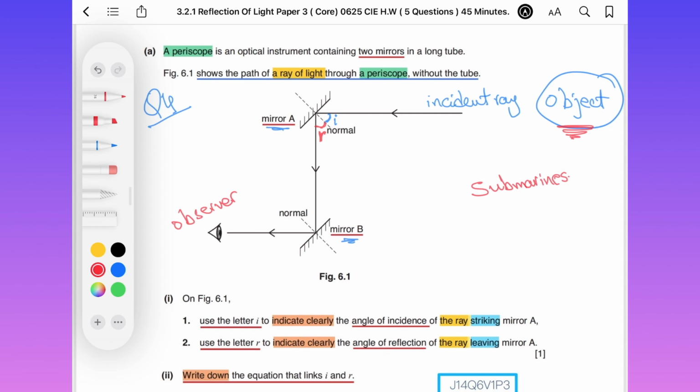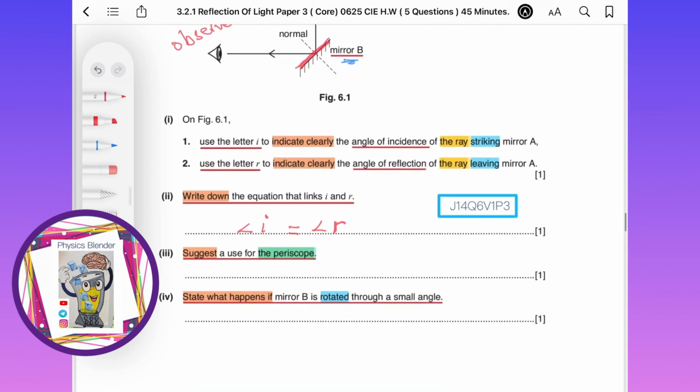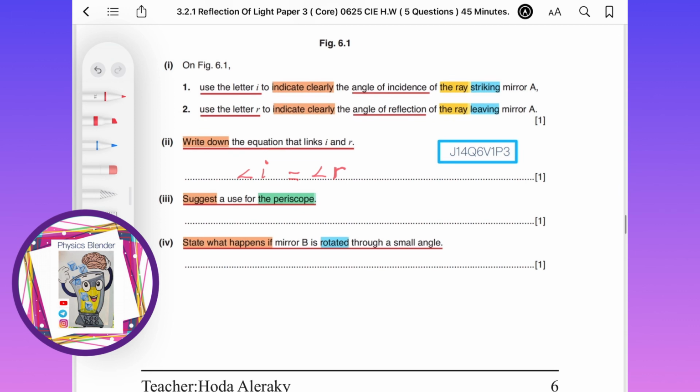The observer will see the image here, but the object is not in the same level. The object here at the surface of water, for example, and he can see the image of this object. Okay, so we can write down here the use of periscope.